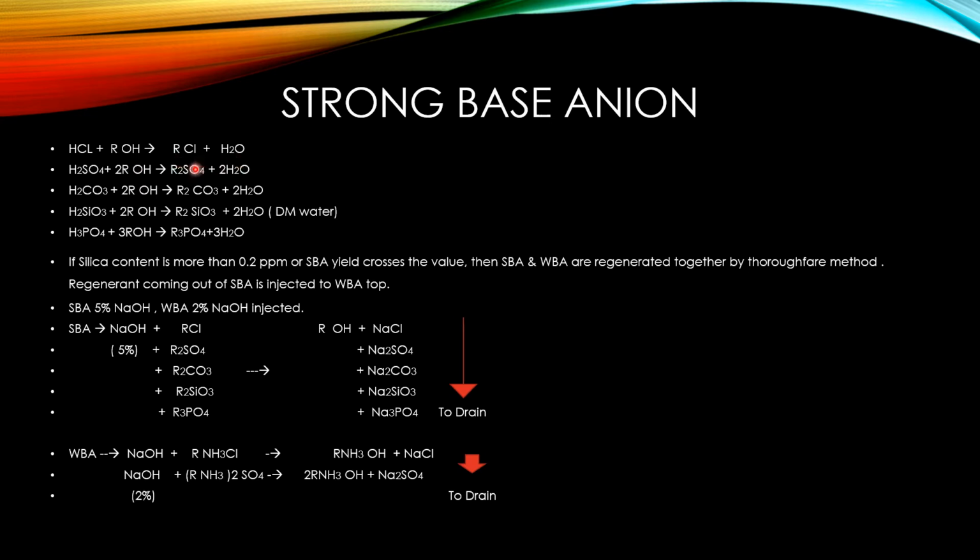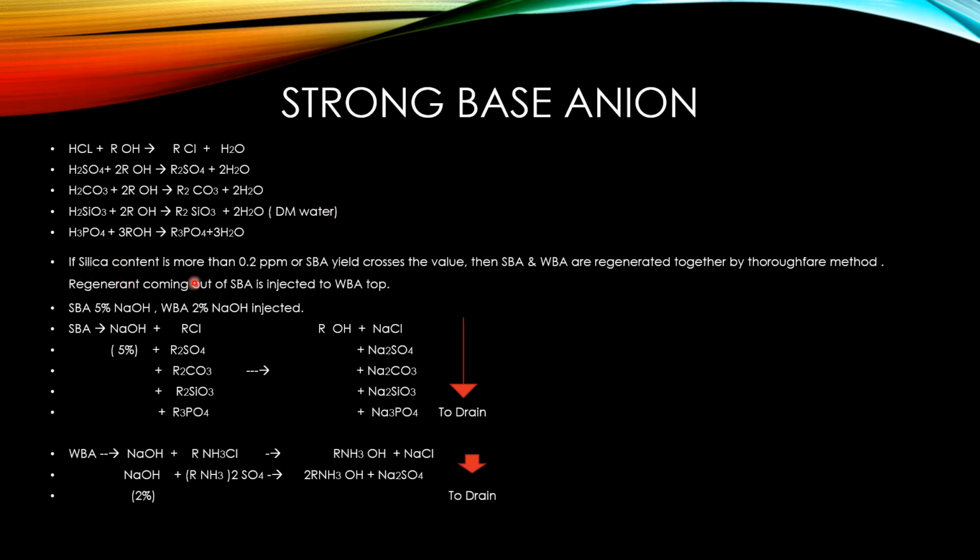That is, the resin will absorb the chlorides, sulfate, carbonate, silicate, and phosphate, and water will come out as DM water. These chlorides, sulfates, carbonates, silicates, and phosphates will replace the OH ions. That OH ion will join with the hydrogen ion of the weak acid to form DM water.